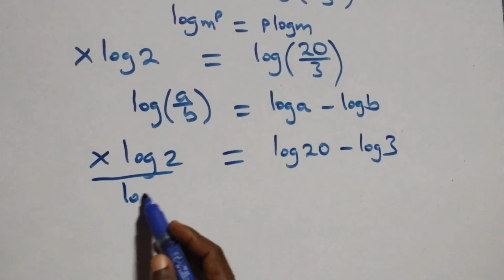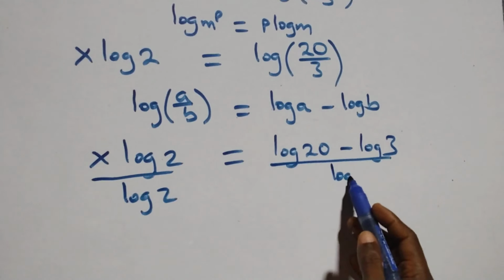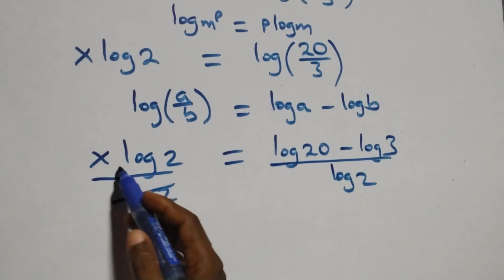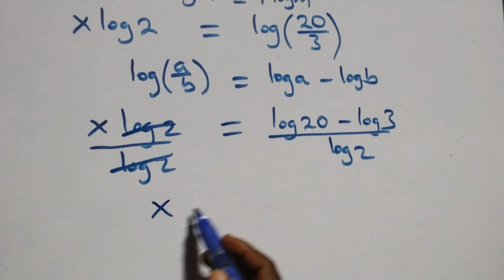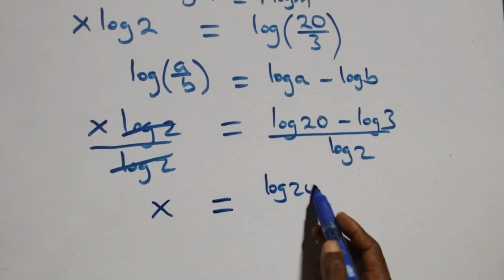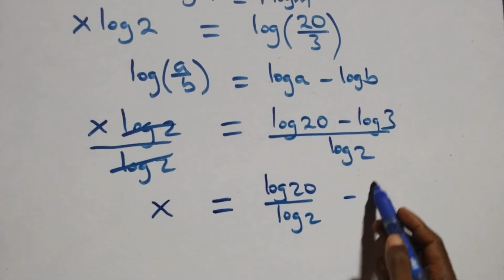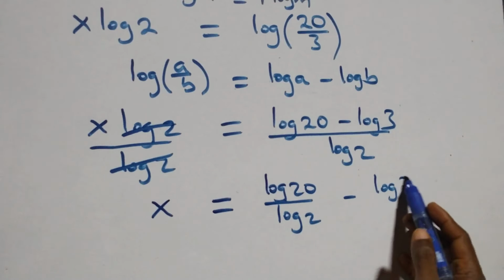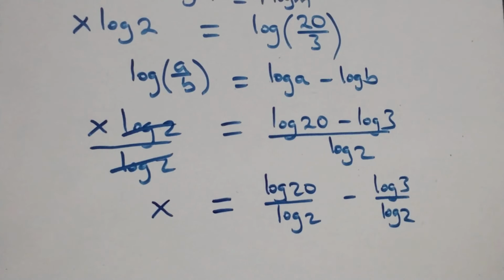Divide this side by log 2. Also, divide this side by log 2. Here we have log 2 cancel each other, and this becomes x equals to log 20 over log 2 minus log 3 over log 2.